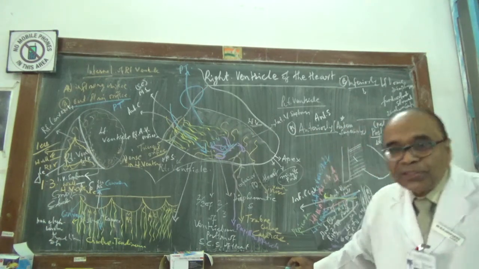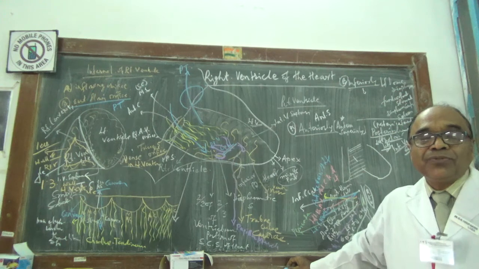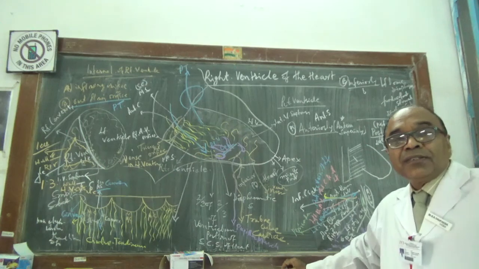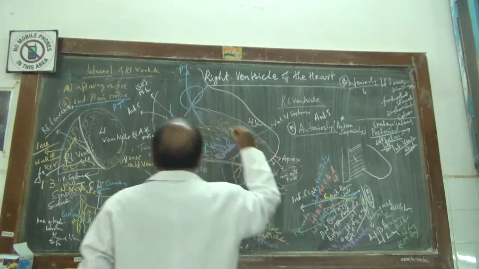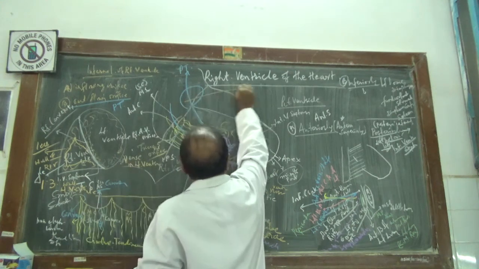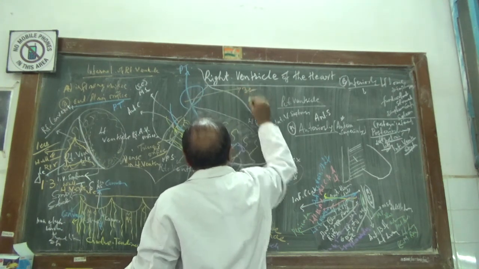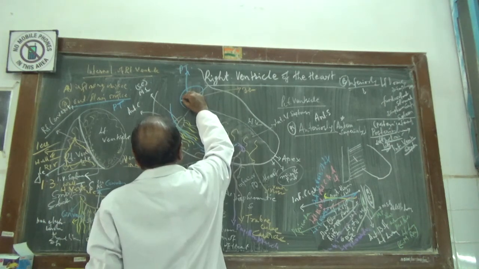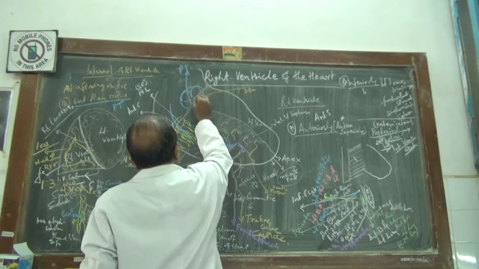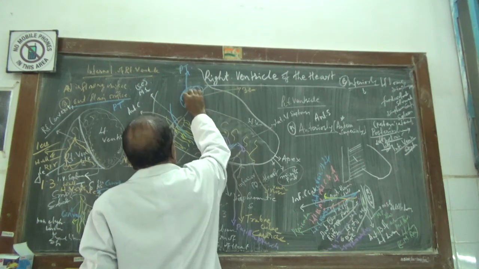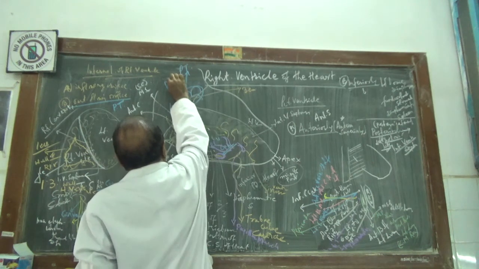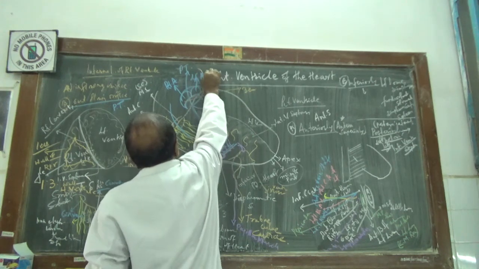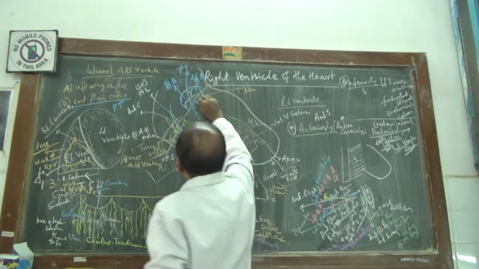So the outflowing orifice of the right ventricle is what? The pulmonary orifice. In this pulmonary orifice you have 3 cusps. The diameter of this is 3 centimeters. You have 3 cusps in it, arranged 2 anteriorly and 1 posteriorly. Anteriorly you have the right anterior and the left anterior, and 1 posteriorly.